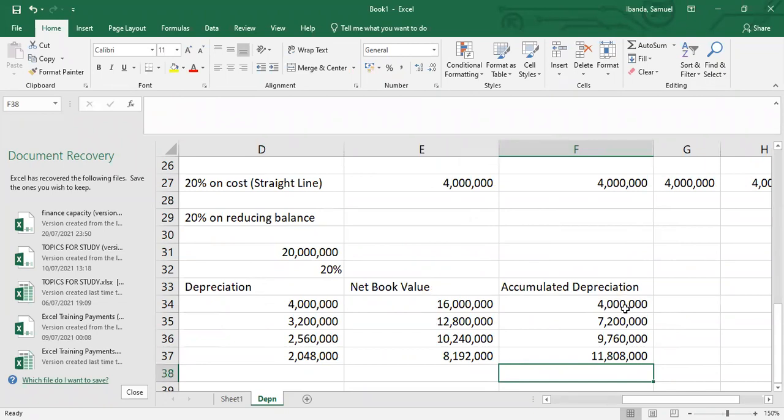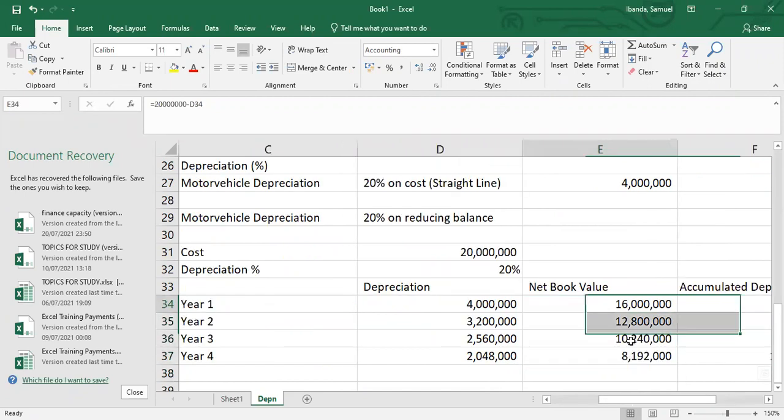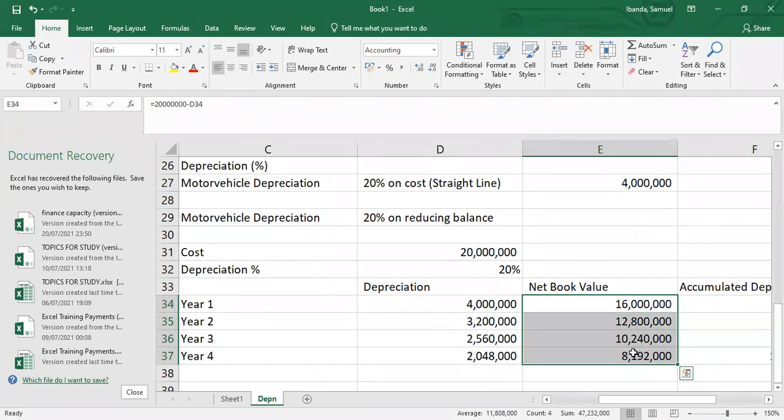So as you can see, accumulated depreciation keeps on growing. You get it? The net book value keeps on reducing because the asset is depreciating, so its value keeps on reducing.